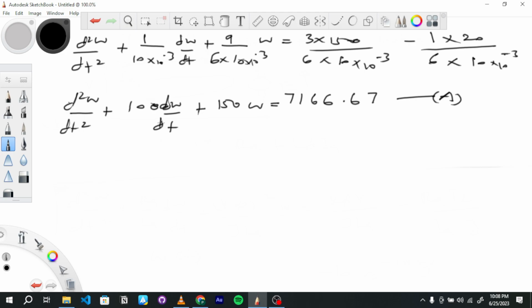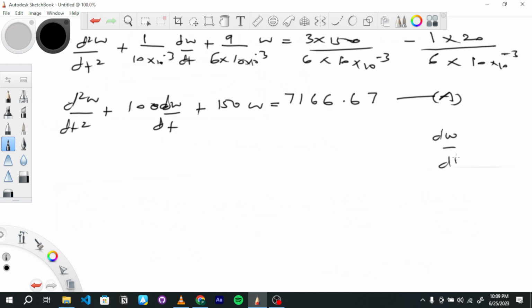Now, the first thing you do is find the final steady state value. And we said that at steady state, d omega dt has no rate of change.